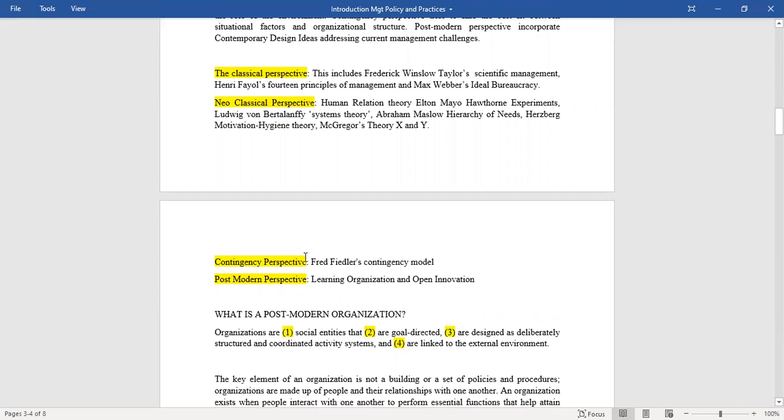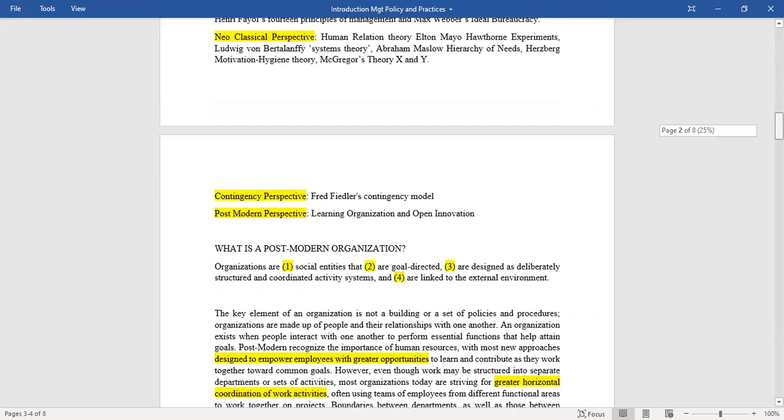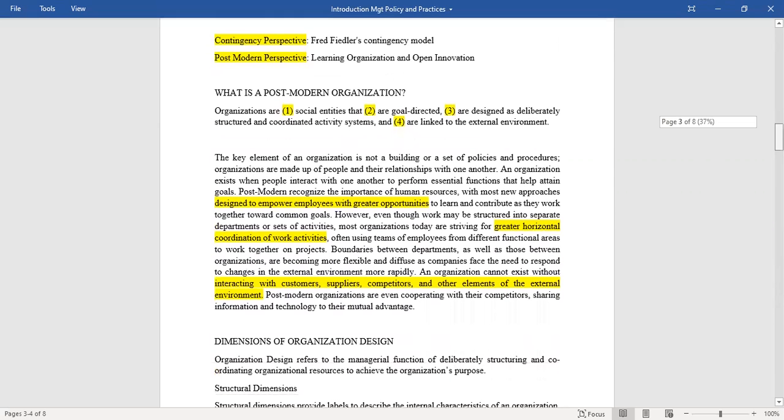The contingency perspective is the modern perspective, which talks about finding the best fit between the situational factors and the organizational factors, as well as the postmodern perspective, which I emphasize so much because it is particularly configured to the challenges of the 21st century, the challenges which I have already pointed out.